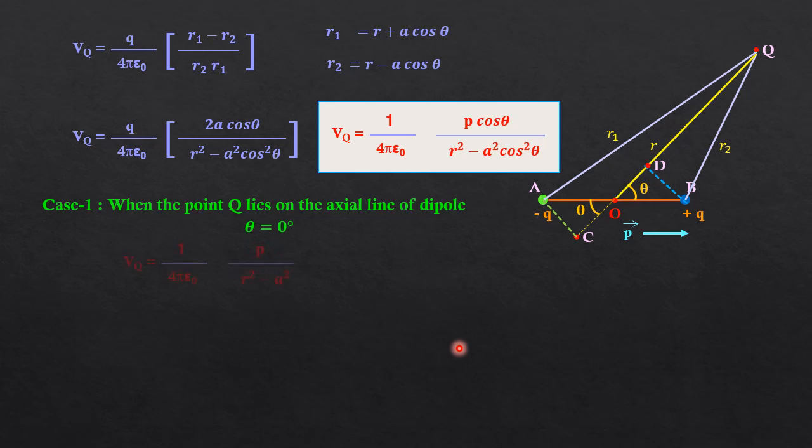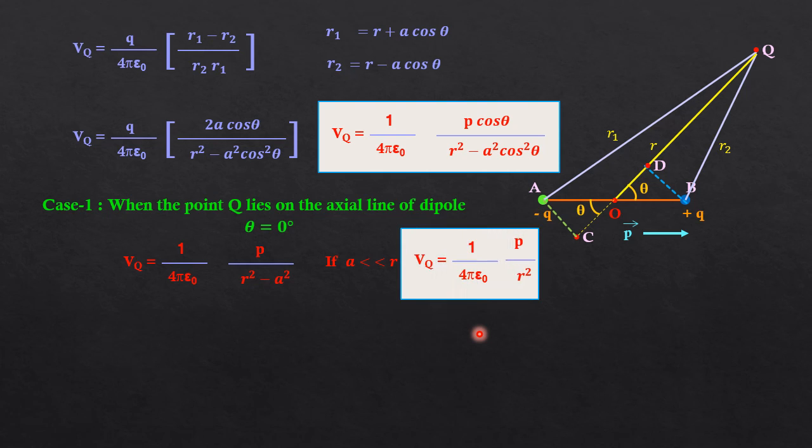So you will get VQ equal to 1 by 4 pi epsilon naught, P divided by r square minus a square. And for a short dipole, a is very much smaller than r, then we can write VQ equal to 1 by 4 pi epsilon naught, P divided by r square. This is the expression for the electric potential for a short dipole at a point Q which is located at a distance r along the axial line.